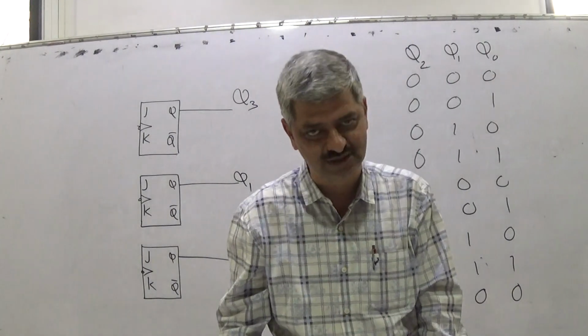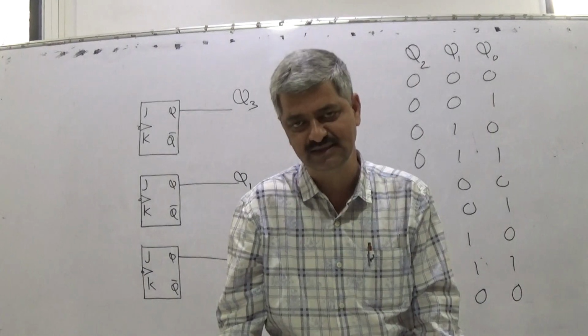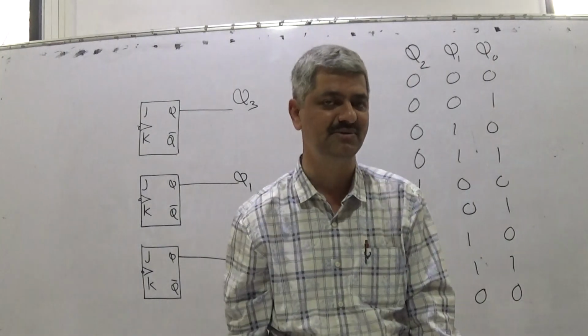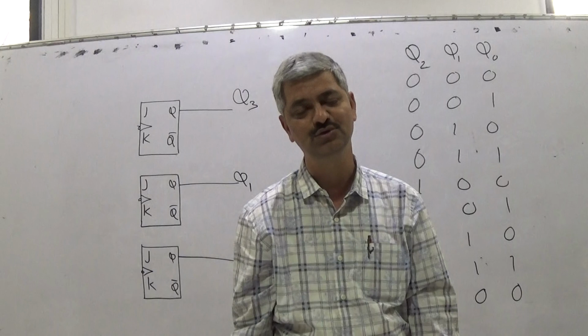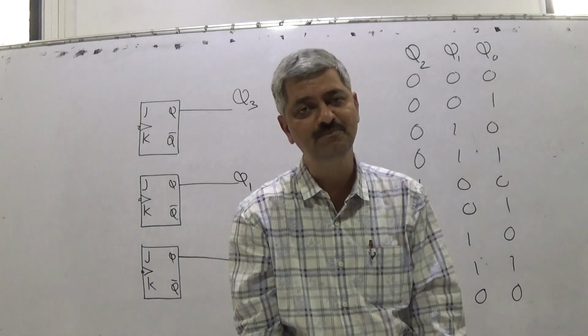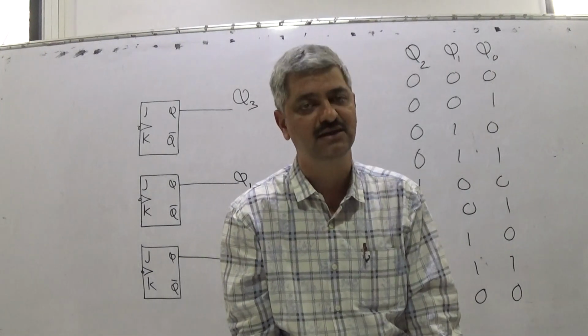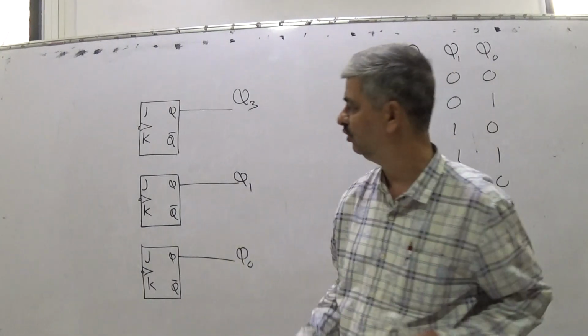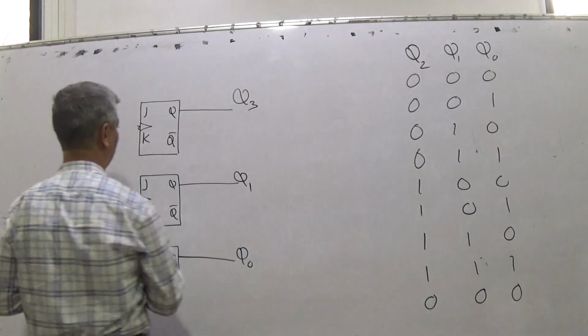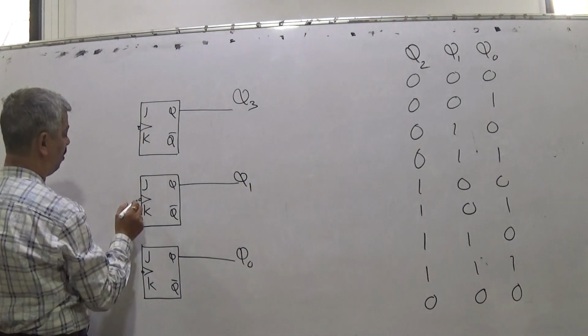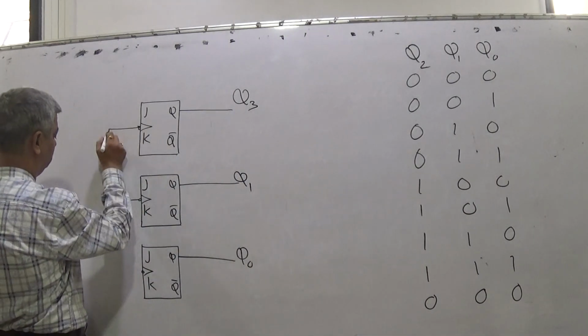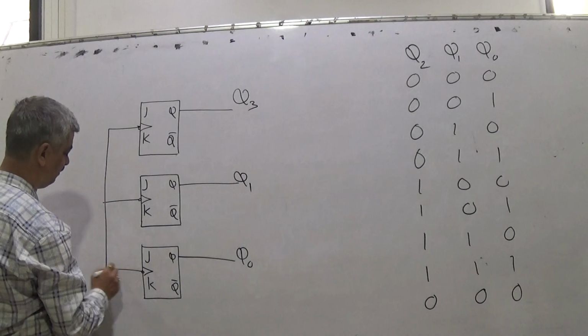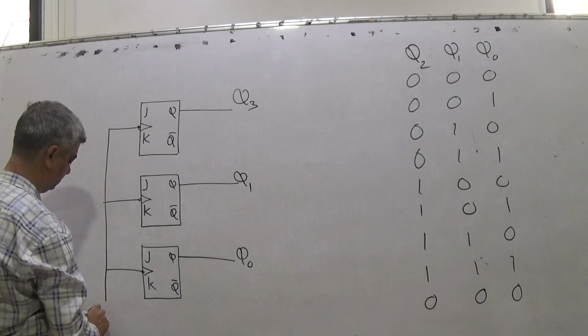Normally we use synchronous counters, but as a point in the syllabus I will cover asynchronous counters as well. Synchronous counter means all flip-flops in that counter are driven by the same clock. So the clock of all is made common, CLK.